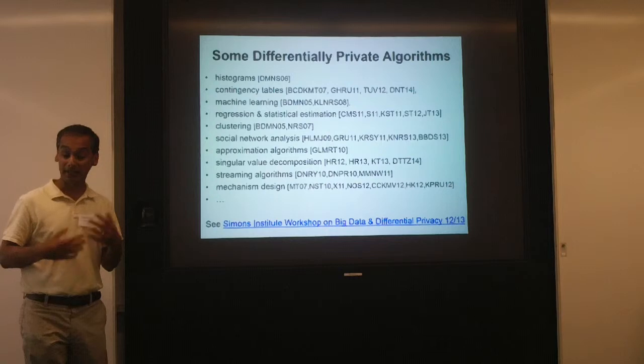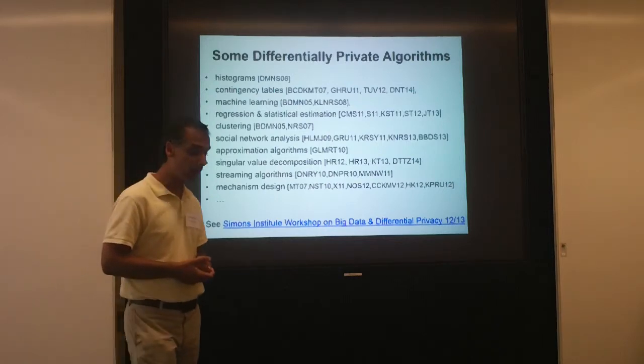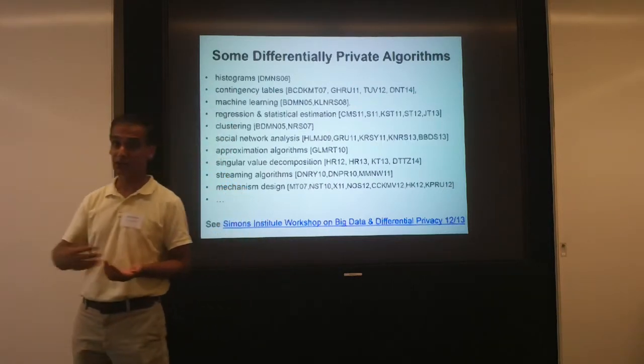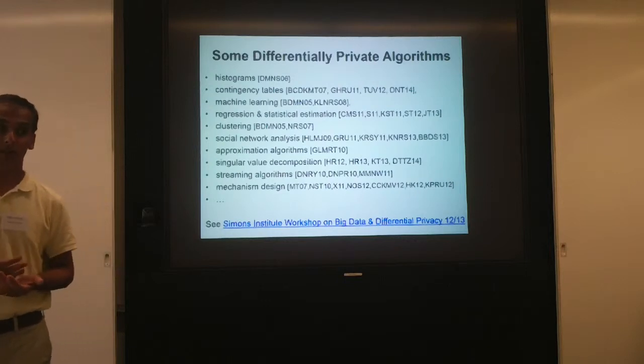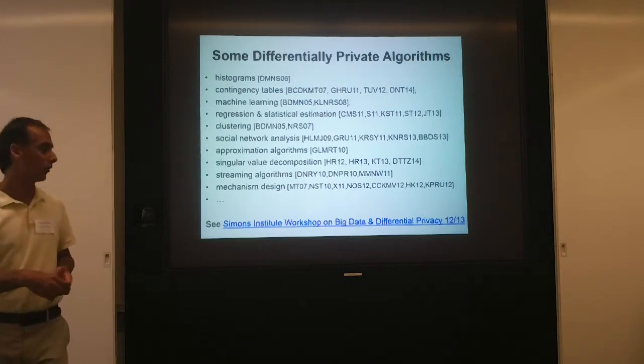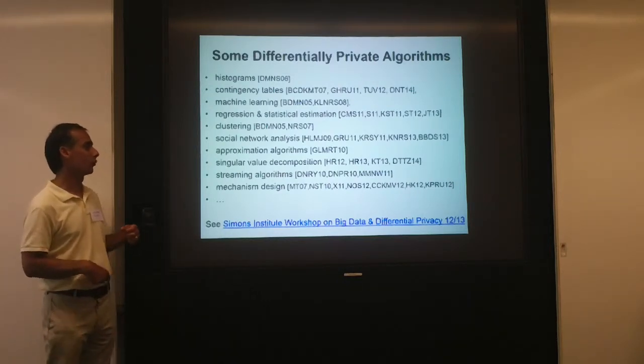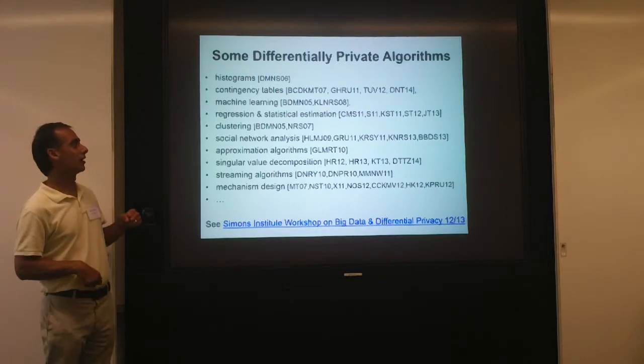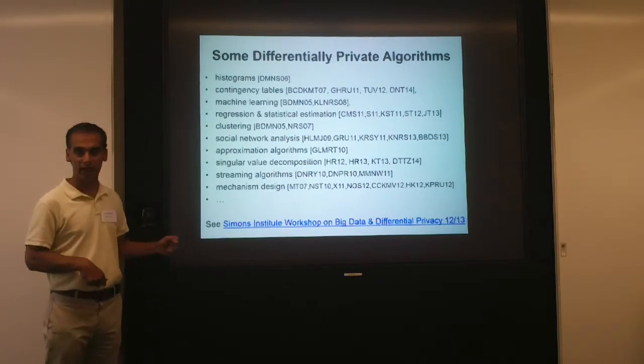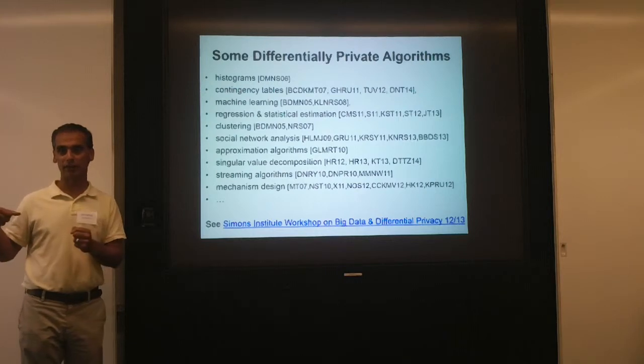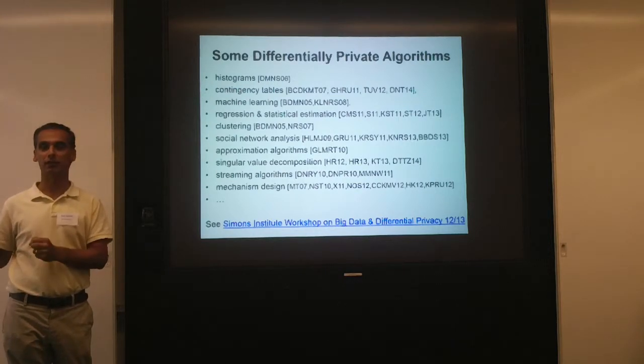At least theoretically, in the same sense that I said before: as n goes to infinity, as your data set gets larger and larger, the accuracy or utility or inferential properties of the differentially private analysis approach that of the analysis you would do without any privacy protections.